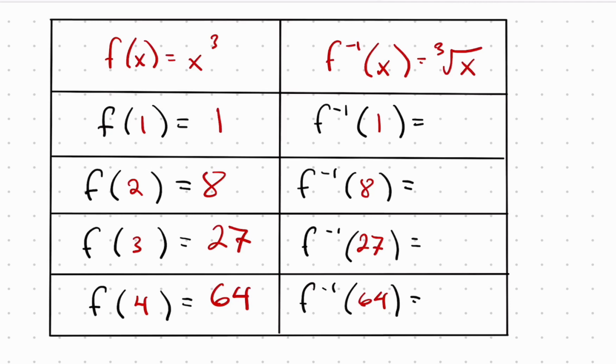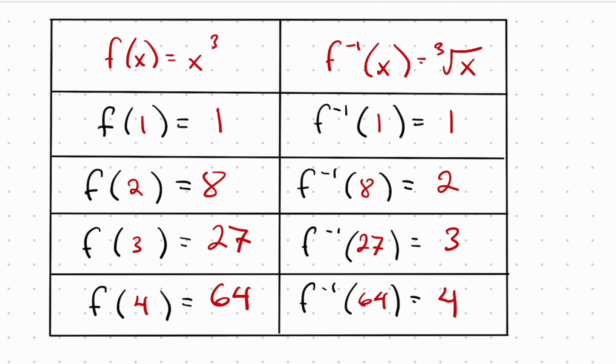F inverse of 1 would be the cube root of 1. Cube root of 1 is equal to 1. F inverse of 8 would be the cube root of 8, which is 2. And then f inverse of 27 would be equal to 3. F inverse of 64 is equal to 4.